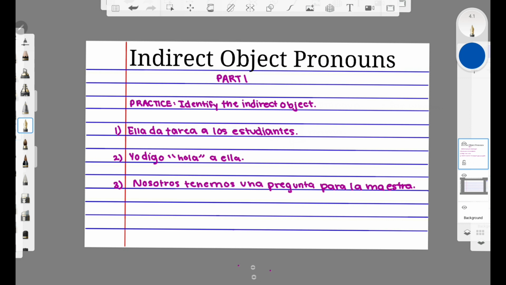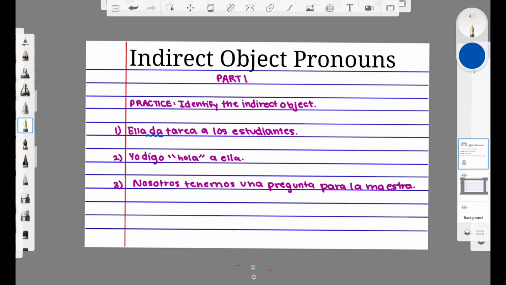Alright, number 1. Ella da tarea a los estudiantes. So we're identifying the indirect object, but the first thing we need to do is identify the verb, da. You should be able to identify the verb since it is the most important part in Spanish.